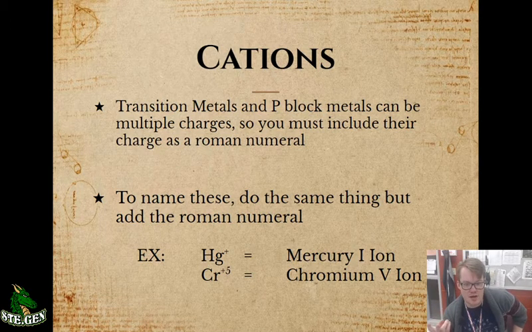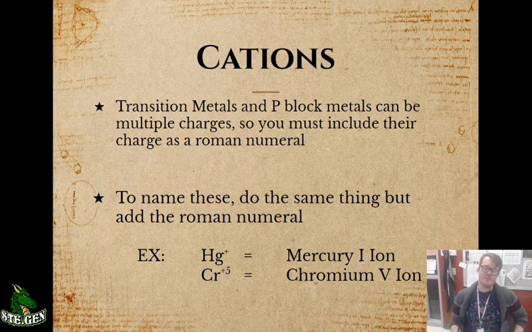I is 1, II is 2, III is 3, IV is 4, V is 5, VI is 6. It's easier to do it when I'm actually writing it down. Trying to say them out loud is a little bit weird. But you can Google it. You're only really ever going to go up to like 6 or 7. It's not going to go any higher than that.